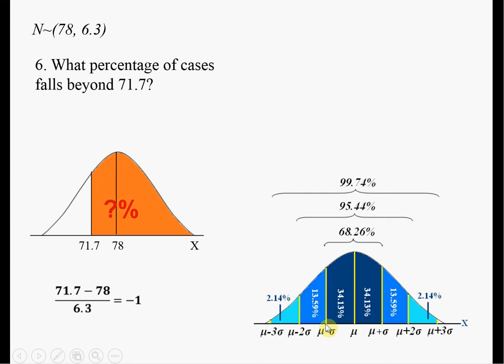And between this position and the mean in the middle, you have 34.13% of cases. So we know that the size of this slice is 34.13%.